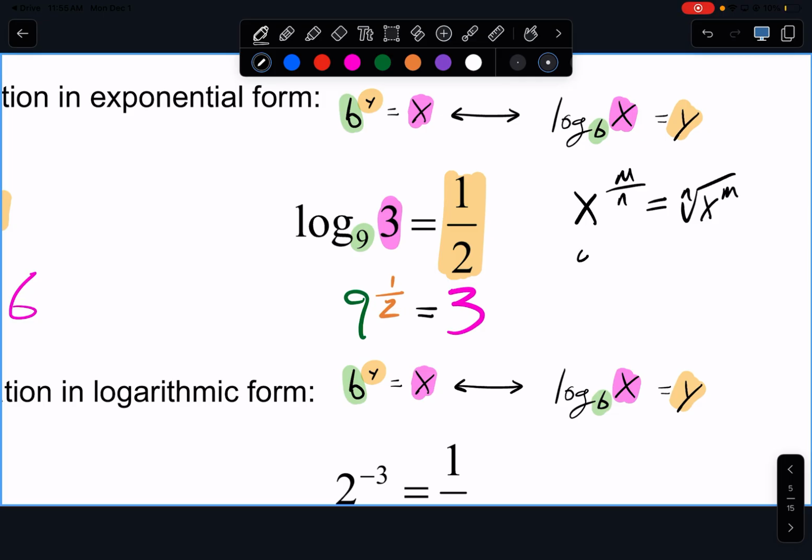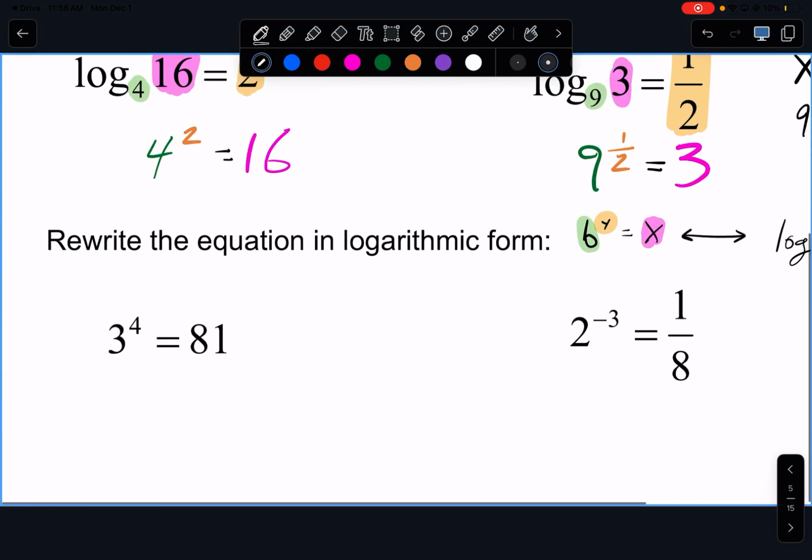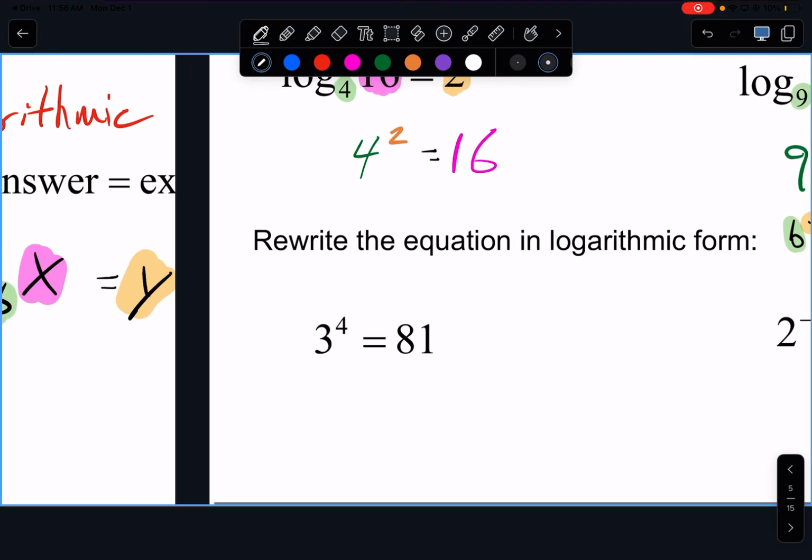So if I have 9 to the 1/2, the half goes here, which just makes it the square root of 9 to the first. Now, typically with square roots and with the power of 1, we don't write those numbers in there. We wouldn't write the 2 or the 1. But we want to know that. So just remember that a rational exponent, a fractional exponent, gets us into radical form. So that is correct. The square root of 9 is 3. So that's the first little mini example.